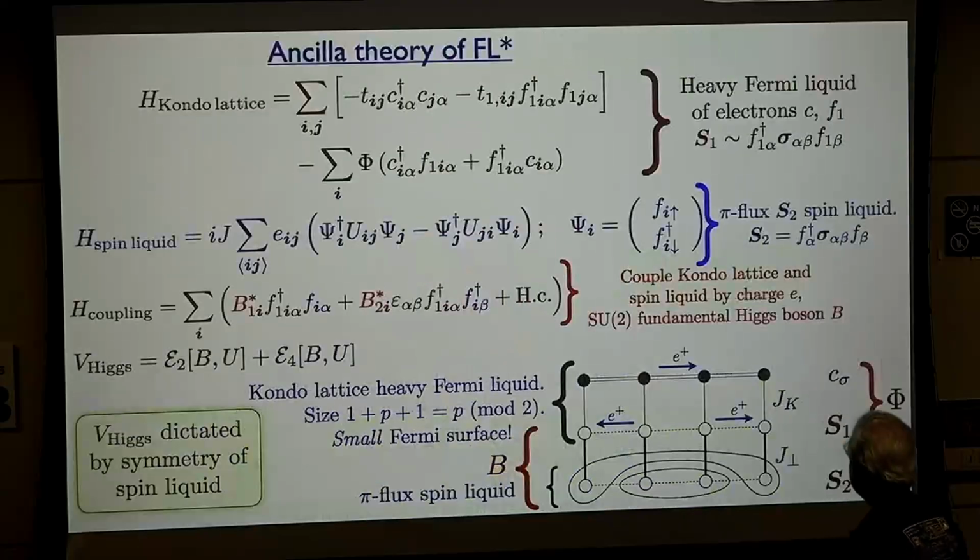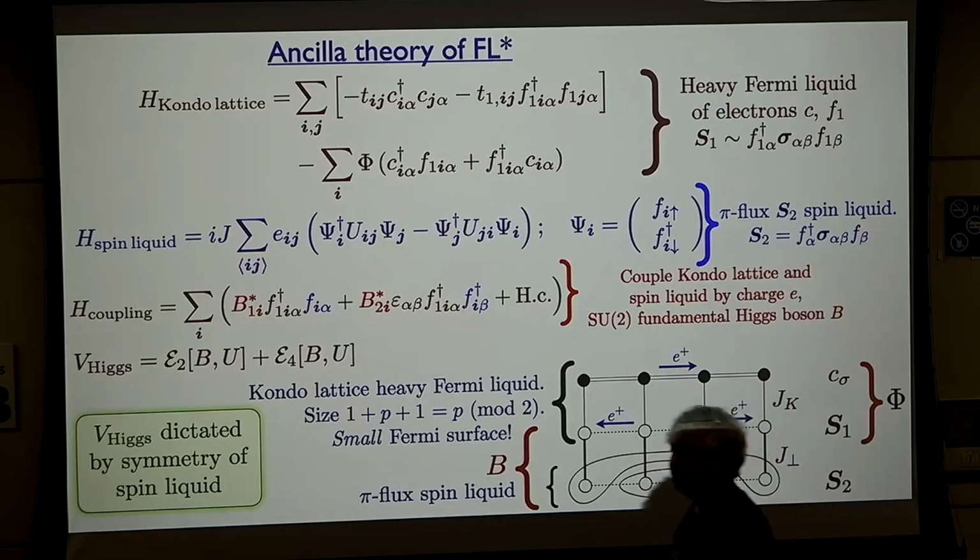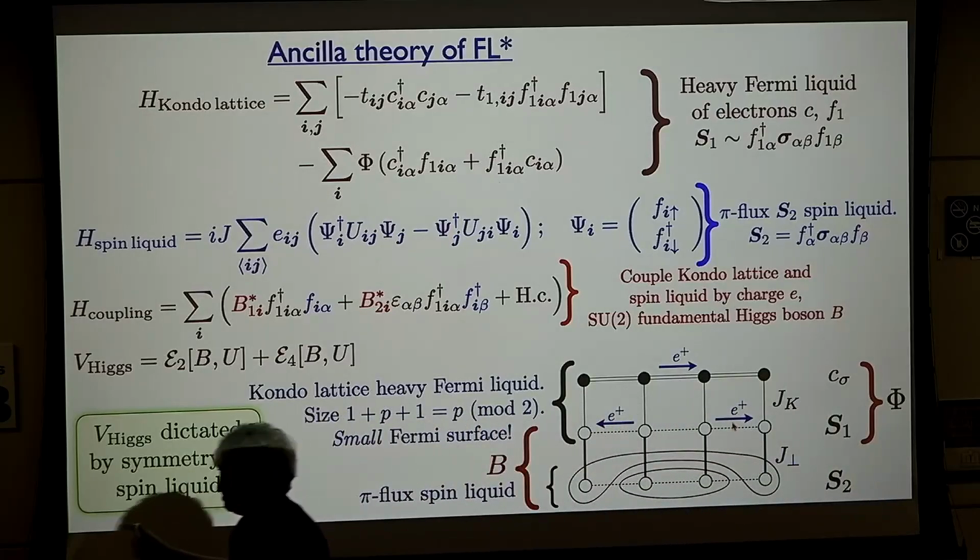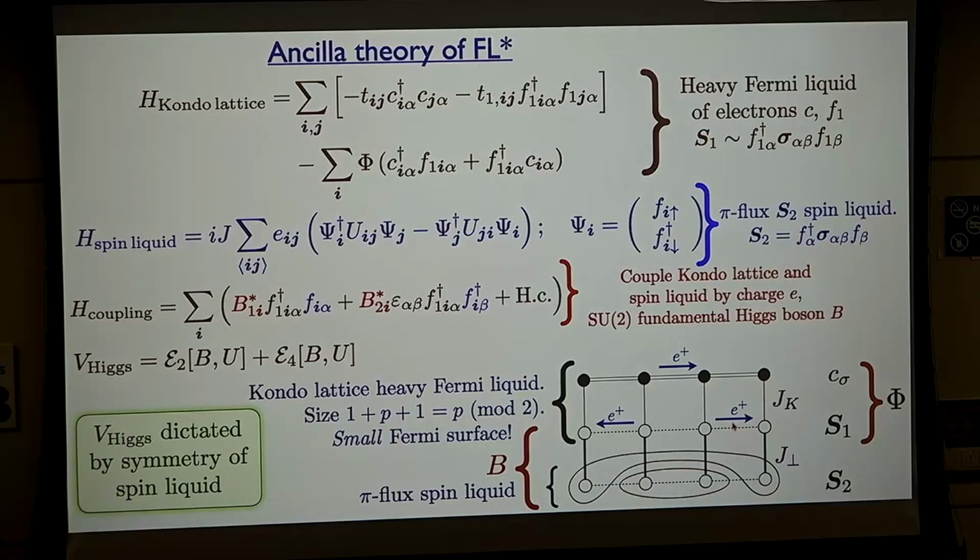The phi is obtained by decoupling J_K, and the B is obtained by decoupling J perp. So there's a self-consistency equation in the Hartree-Fock procedure, which relates B to some expectation value times J perp, and similarly relates T1. Like a gap equation? Yes, there are about 3 or 4 gap equations here, which is a huge pain in the neck to solve, but yes. I think Maine has done some simple cases, I don't remember.